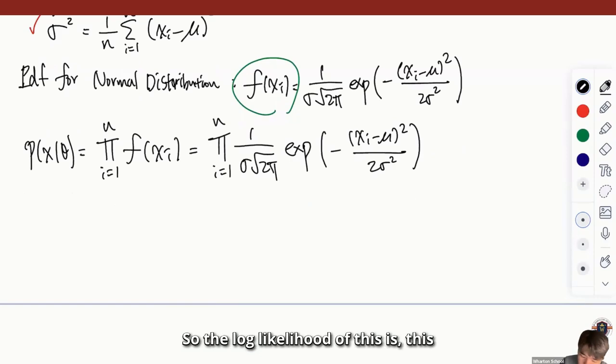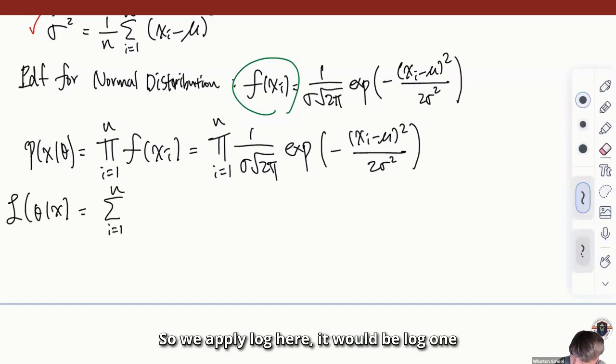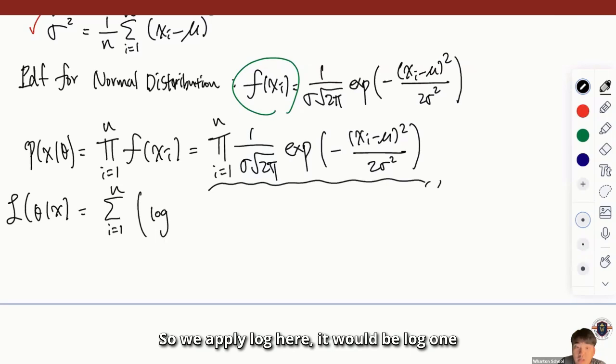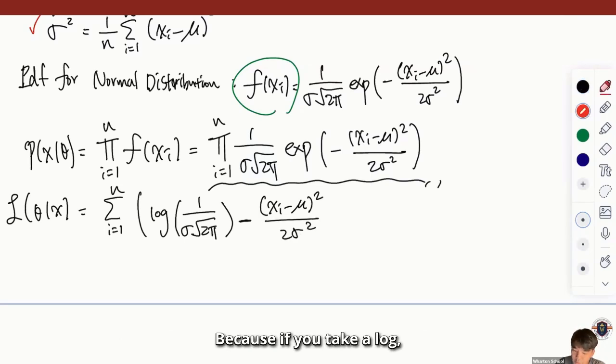The log likelihood of this is, this changes to a sum since we do a log. So we apply log here. It would be log 1 over sigma square root of 2 pi minus this value. Now, why? Because if you take a log, this exponential will be gone.